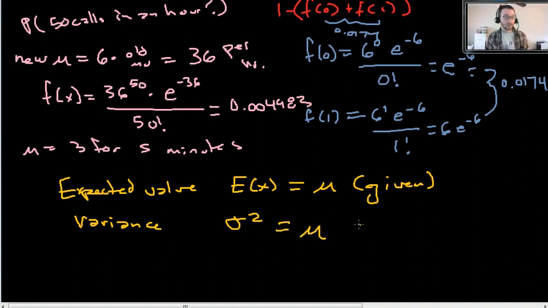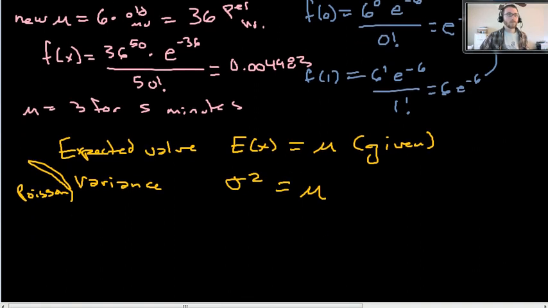That is not generally the case, but for Poisson, this is the case. The expected value is given, and the variance is equal to the expected value. There are other similar count distributions which can work if you know this is not the case.